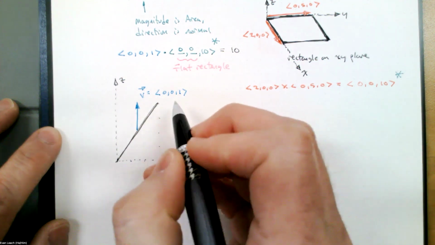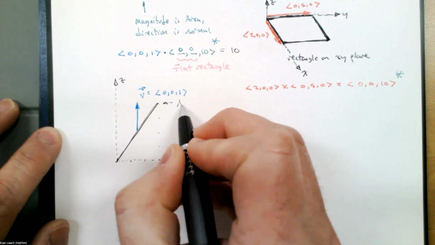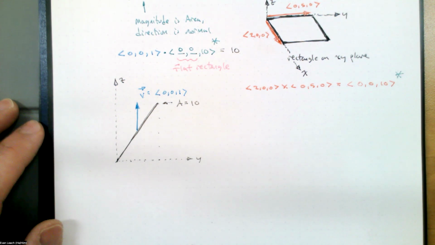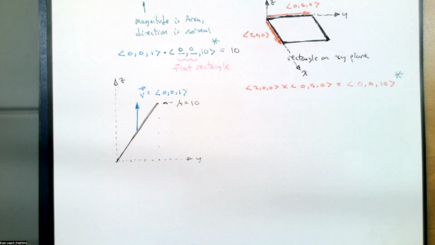The area is still 10. That's just the boring scalar area. What we care about now is from magnitude times cosine of angle.